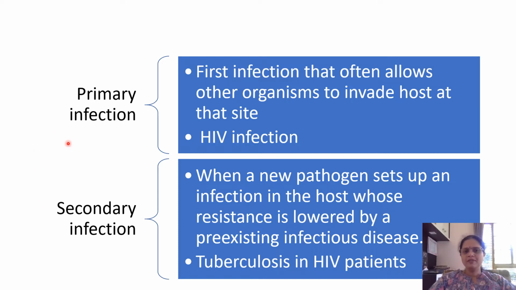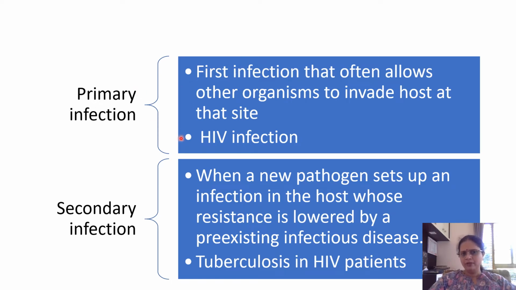Okay, so primary infection is the first infection that often allows other organisms to invade the host at that site. What is this? See, there will be a healthy human host. The organism enters inside that host, and it creates certain changes in the host, so that other organisms will now start attacking that host. So such an infection, that first infection, is called the primary infection.